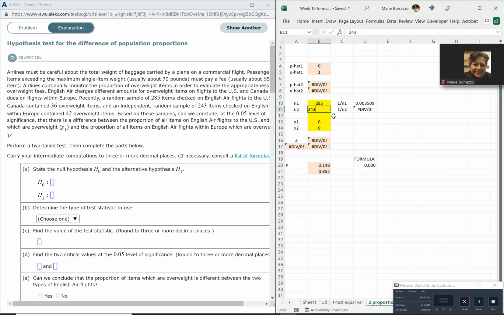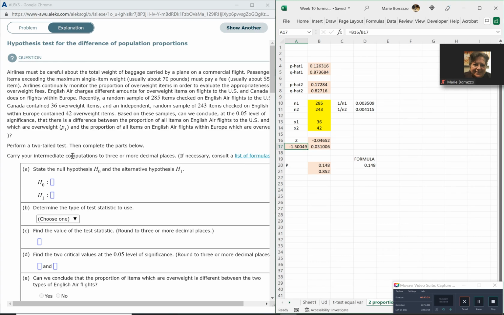They go on to tell you that 36 of the 285 had overweight items, and here 42 out of the 243 were overweight. Notice how everything else just came to life. You have your Z value right here. You have everything you need, pretty much.